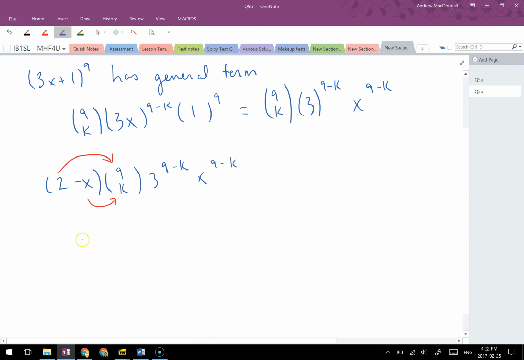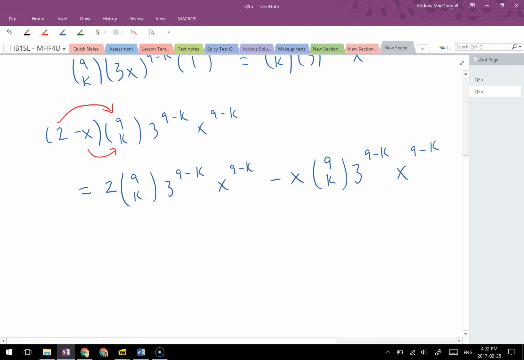So we end up having terms that look like 2 times 9 choose k, 3 to the 9 minus k, x to the 9 minus k, or negative x times 9 choose k, 3 to the 9 minus k, x to the 9 minus k. And we can't really simplify the left terms, so I'll recopy those. But we can combine the x's here, so we get x to the 10 minus k.